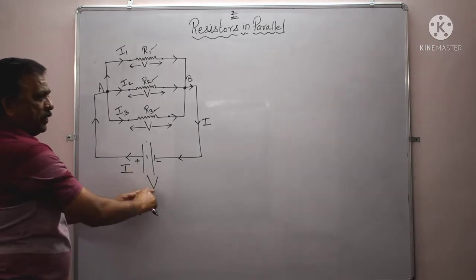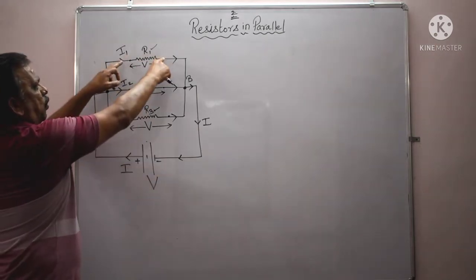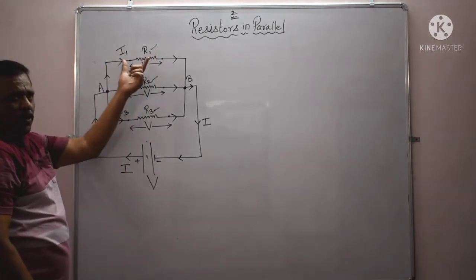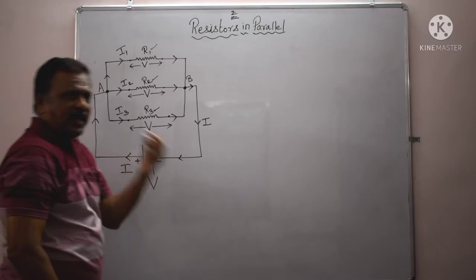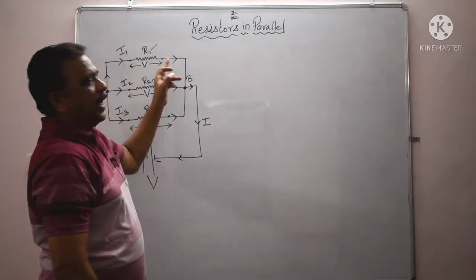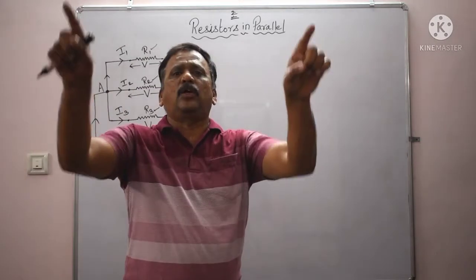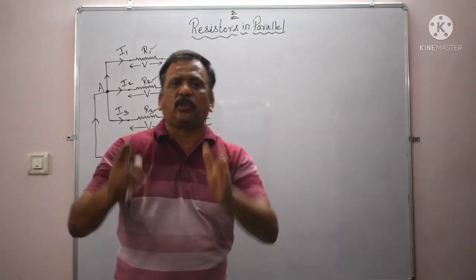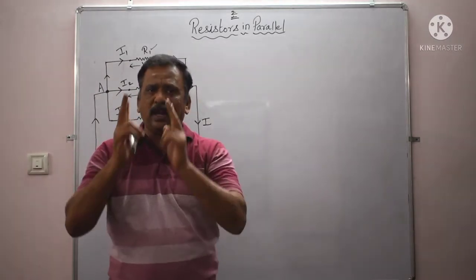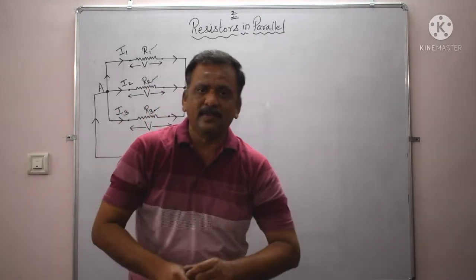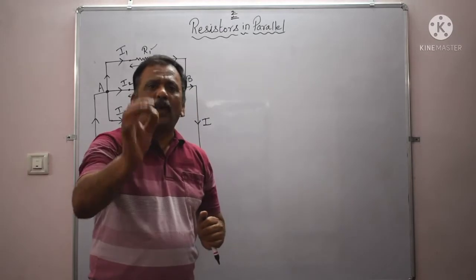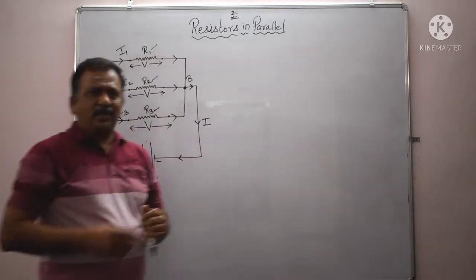So battery voltage R1 ஓட voltage same இருக்கணும். ஒரு component ஓட voltage battery voltage க்கு equal இருக்கணும்னா the two ends of the component should be in contact with the two terminals, that is anode and cathode of the battery, positive terminal, negative terminal of the battery. So only then the voltage across the component will equalize with the battery voltage.